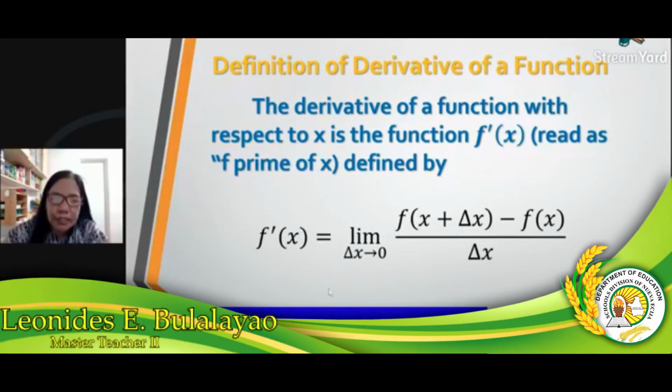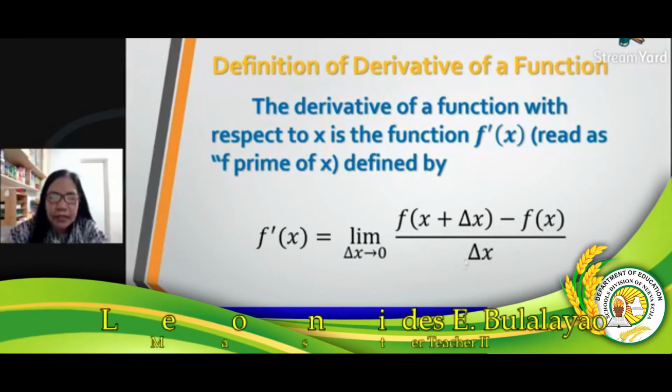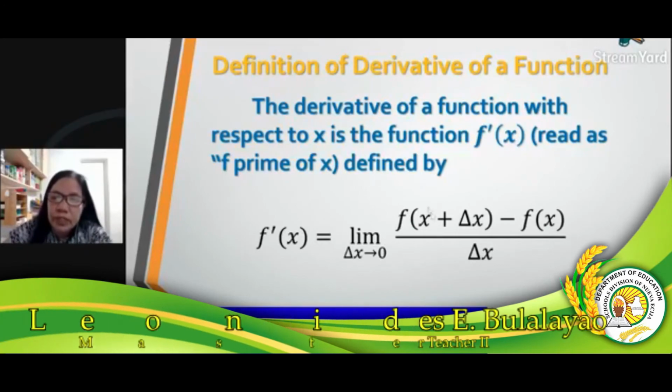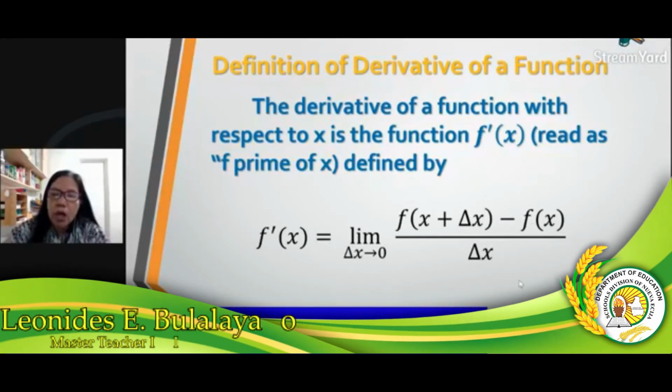We have the limit of f of x plus delta x minus f of x, all over delta x, as delta x approaches 0. So what have you observed? This is also the slope of the tangent line to the curve at a given point, right?